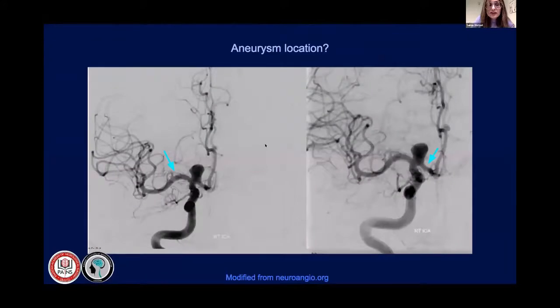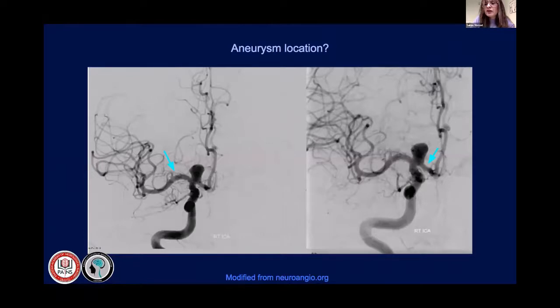So this is a typical example of a terminal ICA aneurysm, and you can see this is directed towards the A1 segment. This point is the A1 segment, this point is the M1 segment, and this is the bifurcation aneurysm.